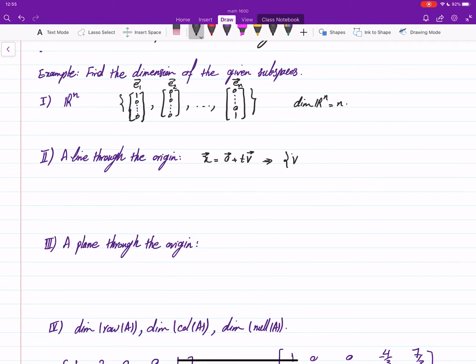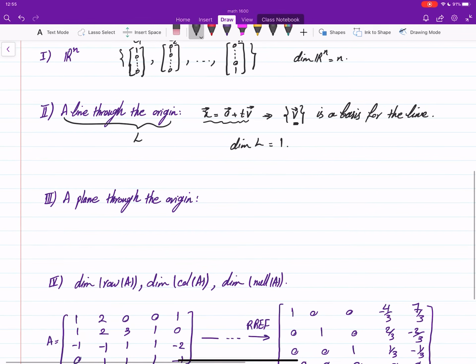Then you can take that non-zero vector, which is linearly independent, and it generates all the vectors on that line. So this is a basis for the line. How many vectors does it have? Just one. So the dimension of that subspace, let me call it L, is equal to 1.